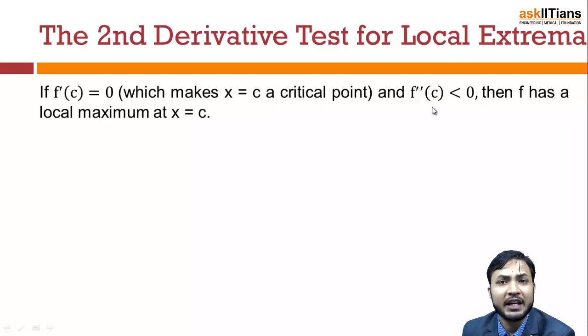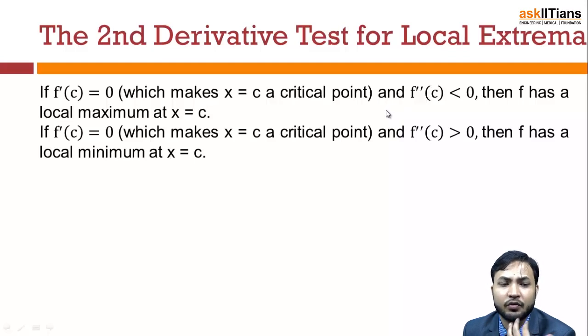This is the important part of the second derivative test: it will become negative. If that happens, then that is the point where my maxima is achieved. And the inverse would be the case for local minima. If my second derivative is positive, then at that point I achieve my local minimum.